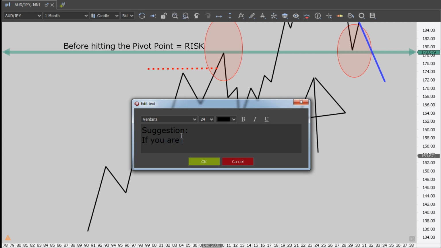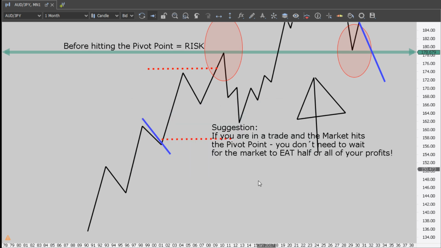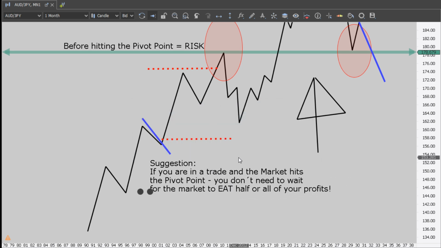If you are in a trade and the market hits the pivot point, you don't need to wait for the market to eat half or all of your profits. Okay, this is a suggestion.